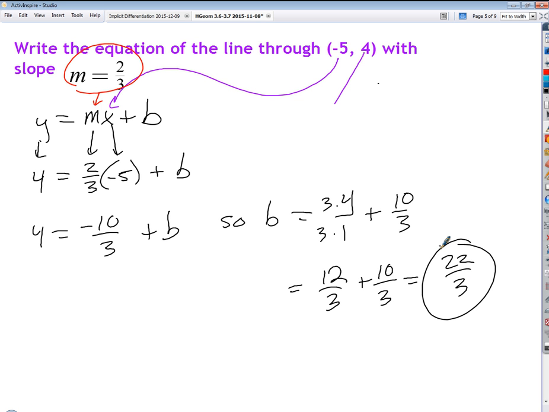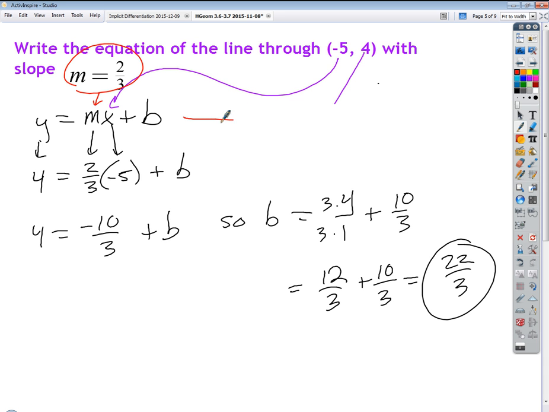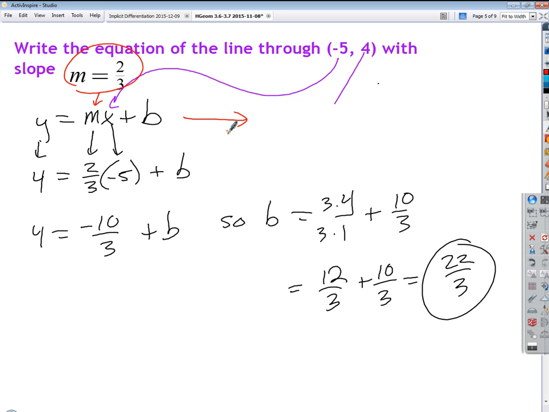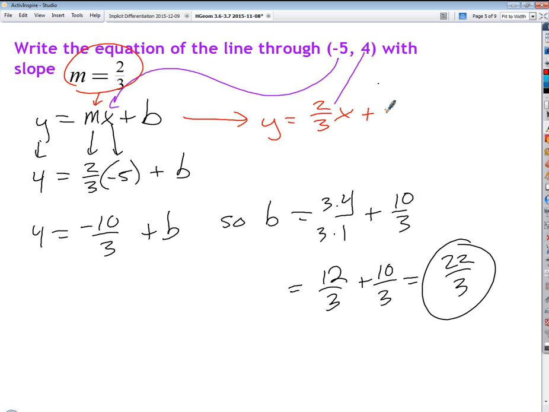So what's the equation of our line then? y equals 2/3 x plus 22/3. Is it starting to make sense why we only keep the values of m and b in our equation? Because those are the things that don't change for this line. x and y are the variables, right?